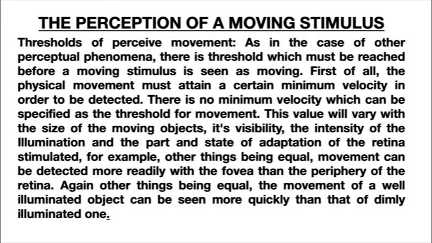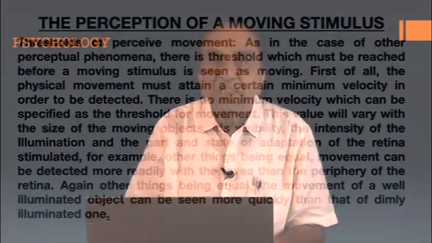Now, here the word threshold is coming. What is threshold? The term came from the German Limen, and it is called absolute limen, differential limen. The term is usually used in psychophysics, which we will talk about in other semesters.